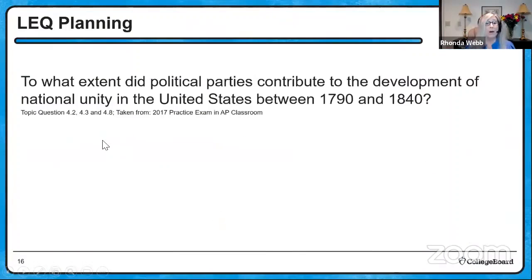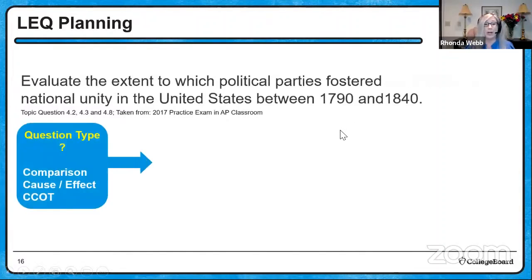So if we are planning out an LEQ, and this is an old LEQ, and I'm actually going to change the wording a little bit to make it more clear, and it deals with those political parties. So to what extent did political parties contribute to the development of national unity in the United States 1790 to 1840? I'm going to adjust the wording a little bit.